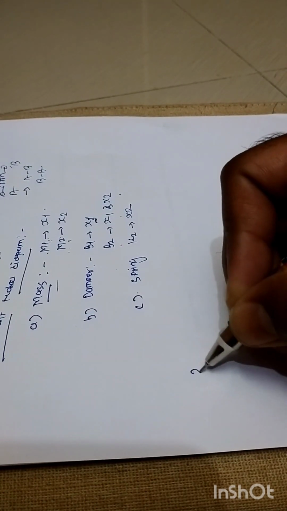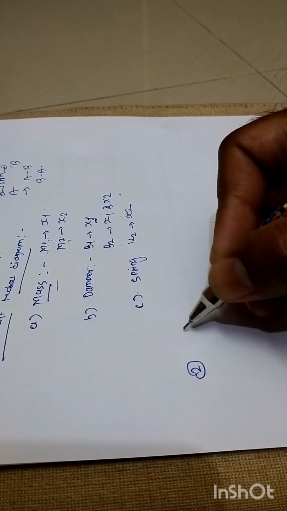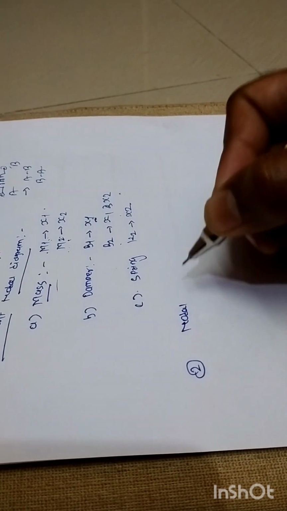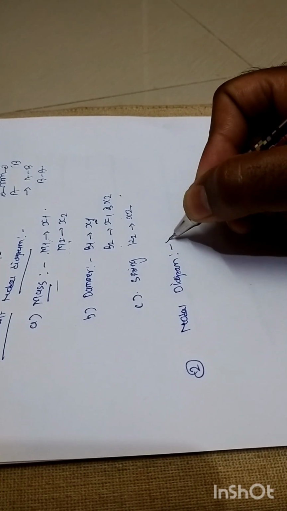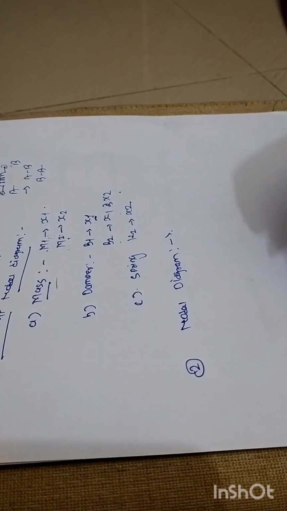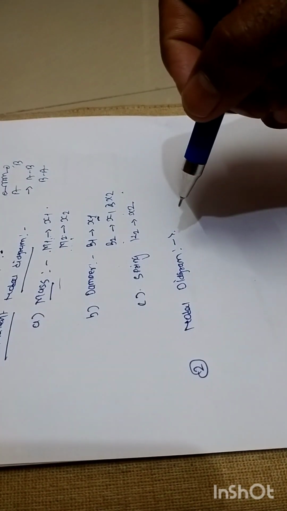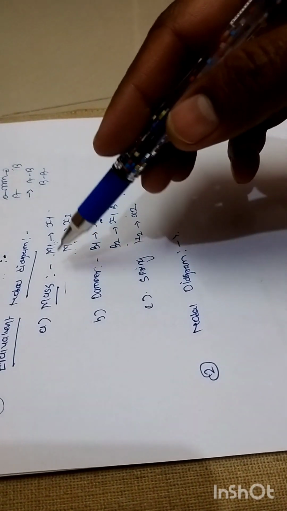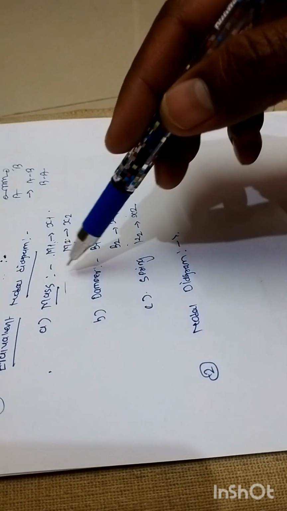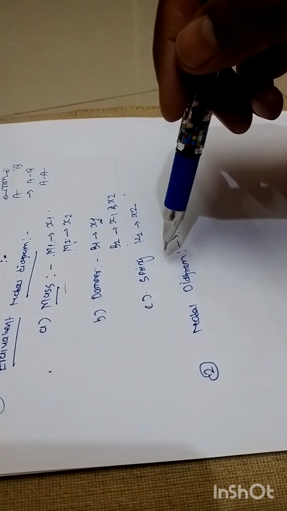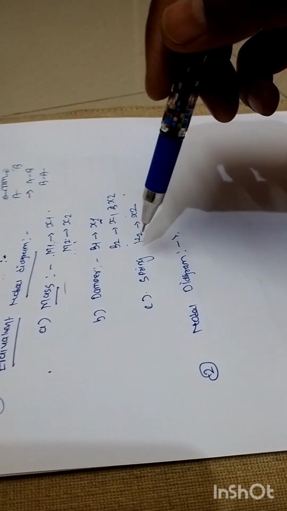After that, in step number 2, we need to draw the equivalent nodal diagram, right? How is this equivalent nodal diagram to be drawn? It is to be drawn from step number 1, in which we enlisted the different physical elements, right?